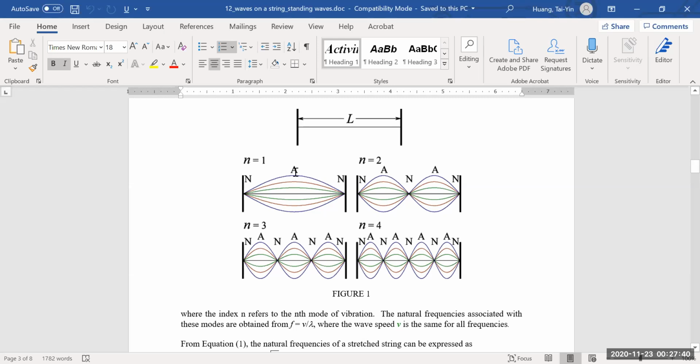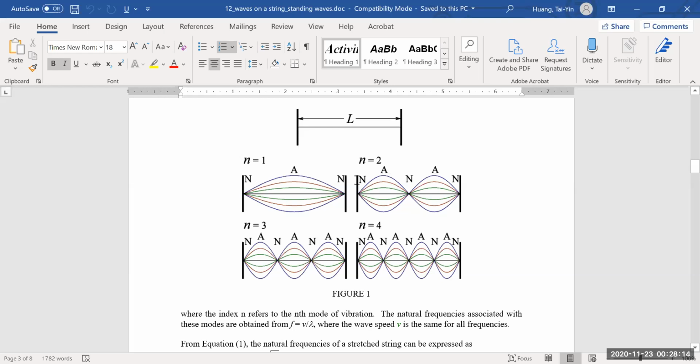When you have one antinode, we call that n equal to 1. When there are two antinodes, we call that n equal to 2, and so forth. The lowercase n here indicates the mode number, or we call it harmonics. This is the fundamental or first harmonic, this is the second harmonic, the third harmonic, and the fourth harmonic. So the n here refers to how many antinodes it has, and also what the mode number is.